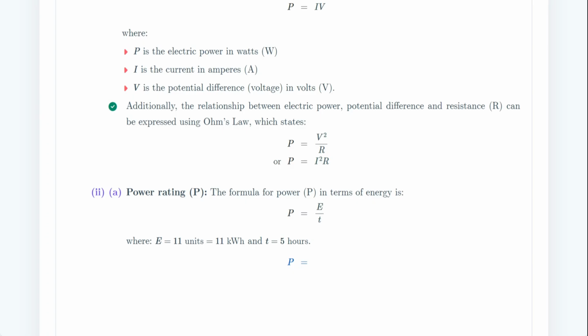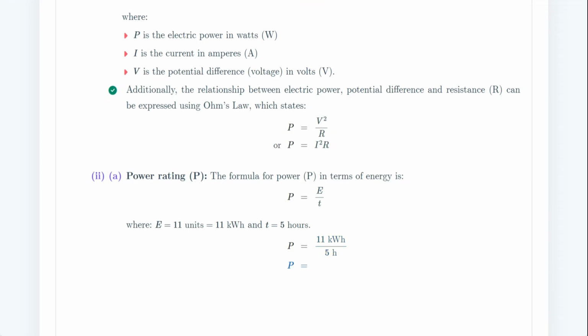Plugging those values into our equation, power equals 11 kilowatt-hours divided by 5 hours. When we divide 11 by 5, we get exactly 2.2 kilowatts. To make our next steps easier, let's convert this to regular watts. That's 2200 watts.